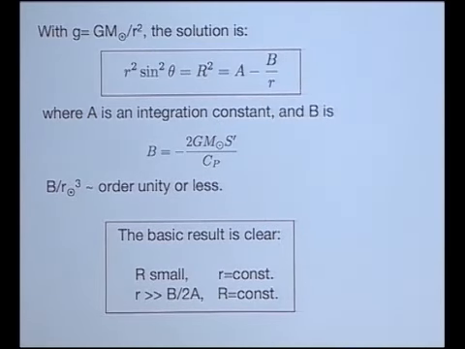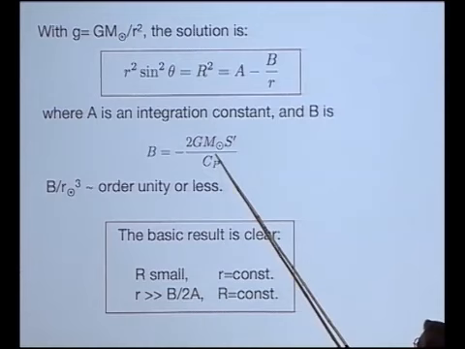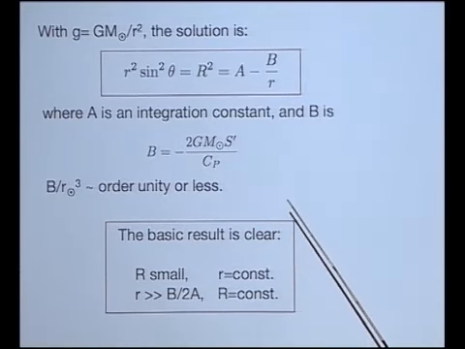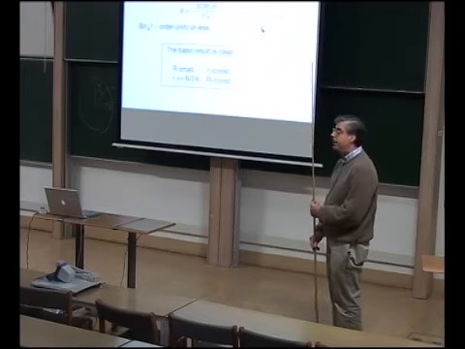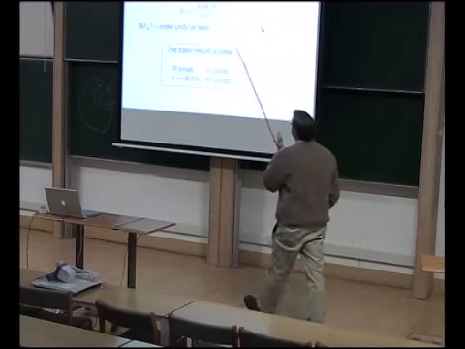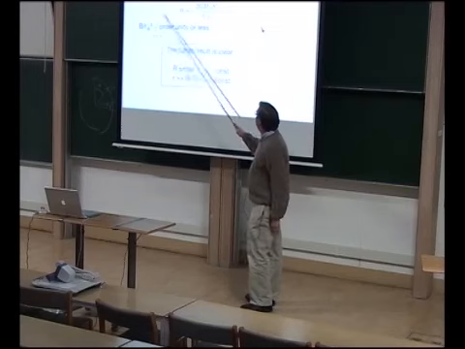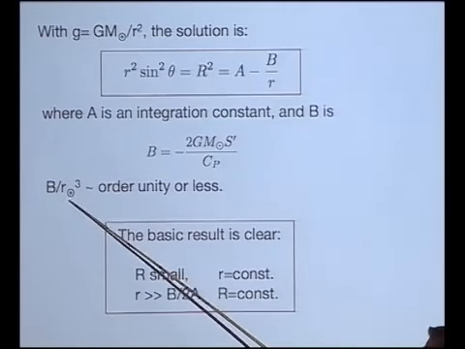The solution that you find is that r squared, here's my cylindrical r, which is spherical r squared sine squared theta, is some constant a, an integration constant, minus b over r, where b is a quantity made up of fundamental constants, and it depends specifically on what the function s prime is. But for a given contour, s prime is simply a constant.